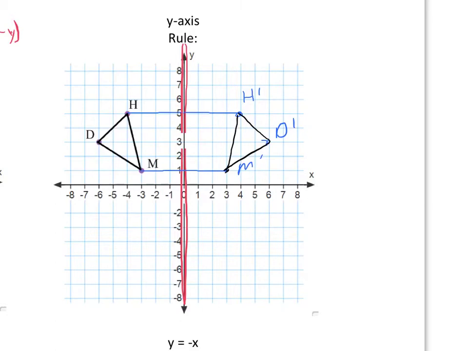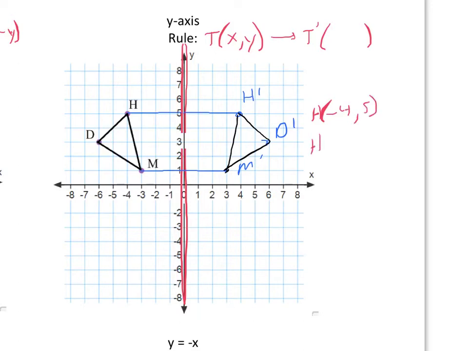reflected over the y-axis. Now if you can guess here, for the transformation of the original shape and all its coordinates, x, y would change to T prime, a new location. Well, look at your x values. Let's look at one example. The H coordinate is -4, 5.